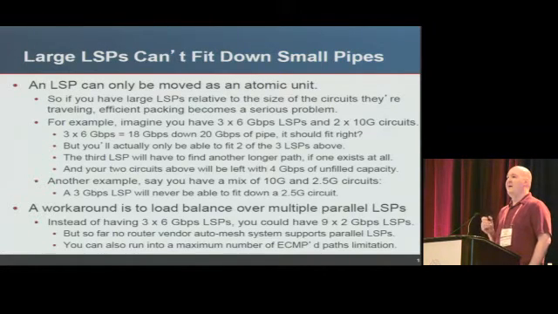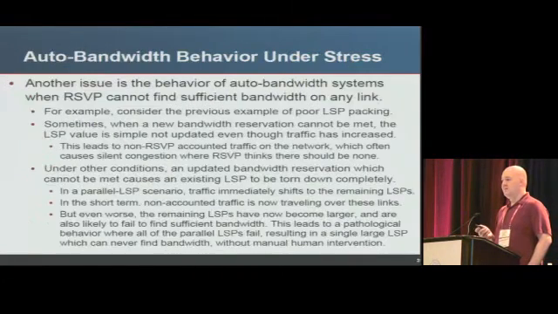You could never route an LSP that is bigger than 2.5 gigs across it, so you need to go keep your LSP smaller than that. Common solution for that is to create multiple parallel LSPs. So instead of the three 6-gig LSPs, say you just created three parallel LSPs for each one. Now you've got nine 2-gig LSPs, and that's going to pack much more efficiently. But again, you've got to go create all these LSPs and be responsible for this.